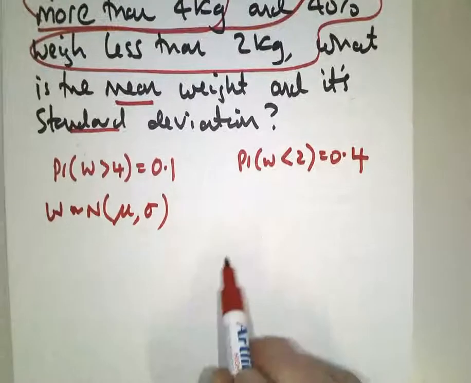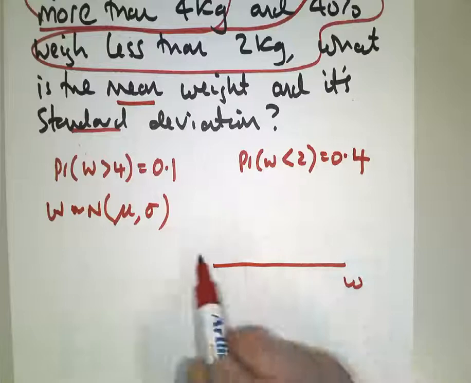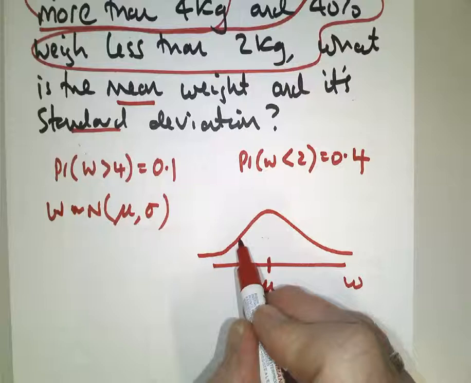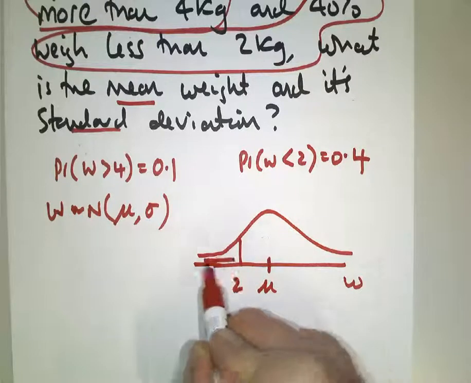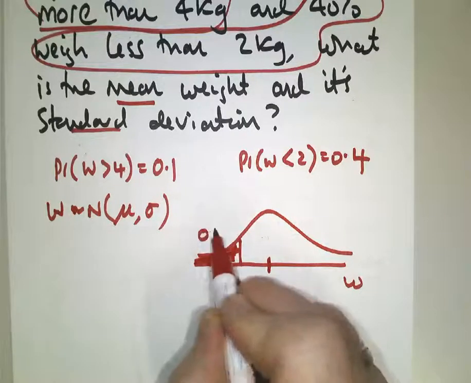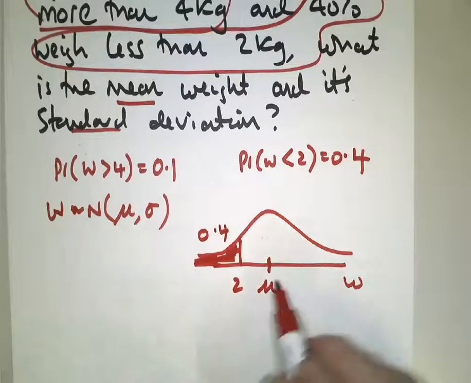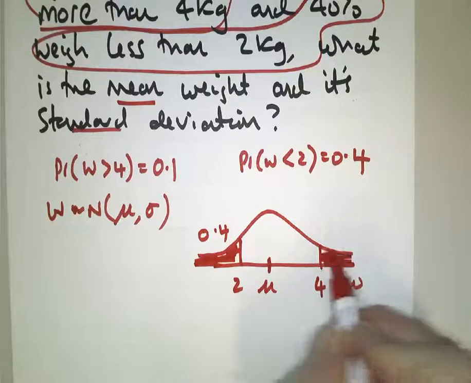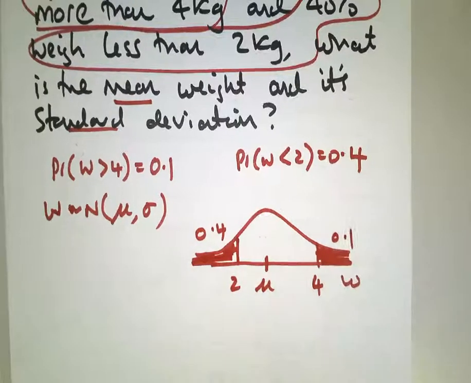What would it look like? This is W, normally distributed. I don't know the mean, but I do know that less than 2 is 0.4, and greater than 4 is 0.1.